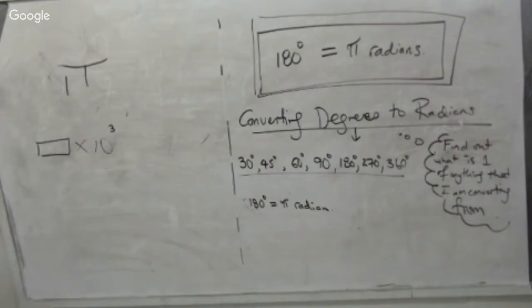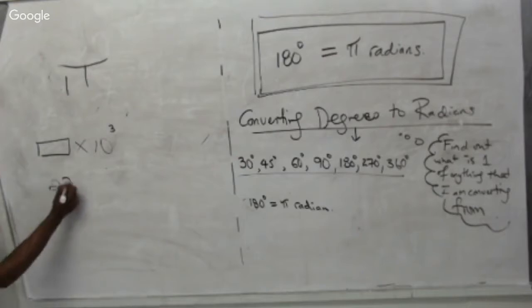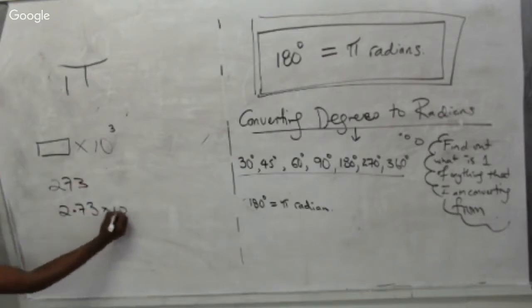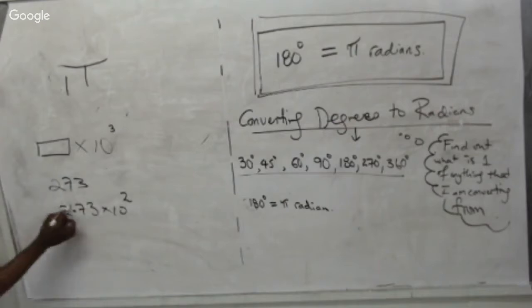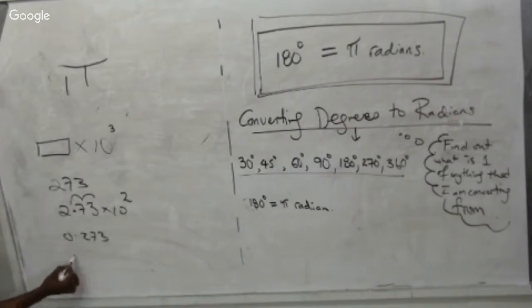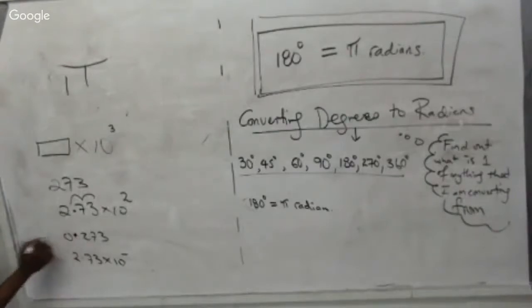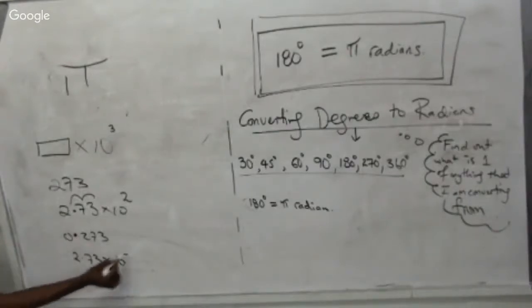Standard form, right? So you can write 273 in standard form as 2.73 times 10 to the 2. Or you can write 0.273 in standard form as 2.73 times 10 to the minus what? 1. See it?